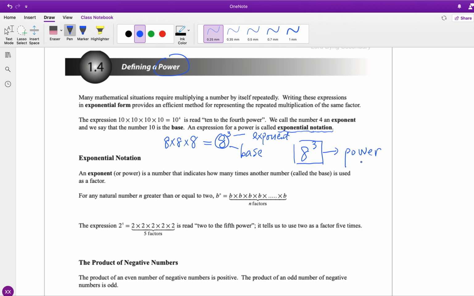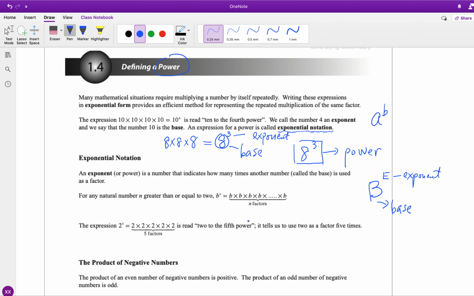Now, if I'd like to use something more abstract to write about this, it could be written as a to the power of b, or another way to write, I could also say b to the power of e. So that means this one is a base. Now this one is the exponent.